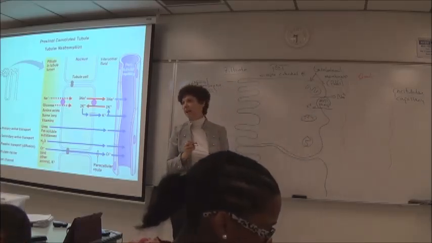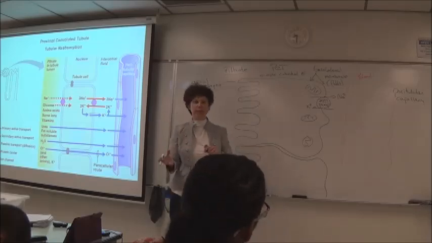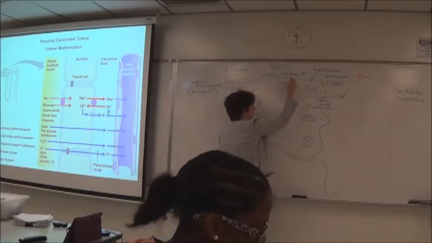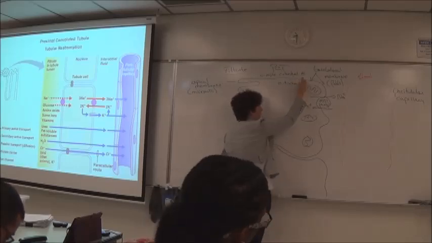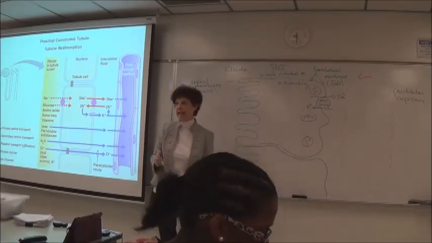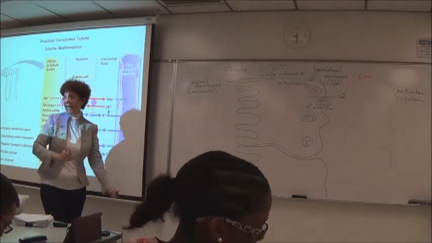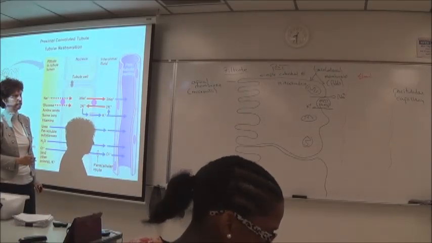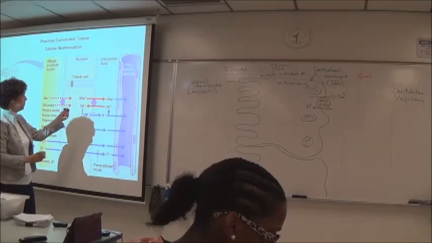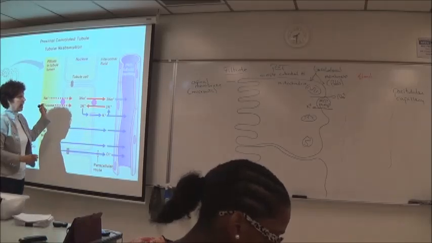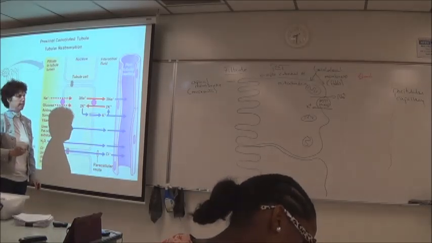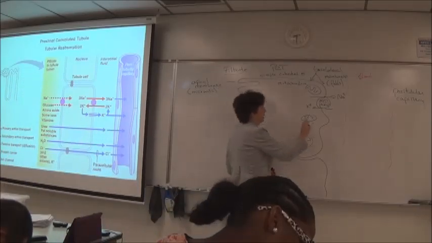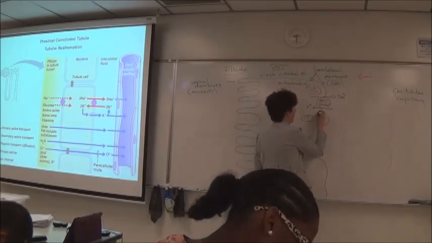It's packed with mitochondria. If you were to look at an electron micrograph view, you would see a lot of mitochondria at the basolateral membrane. This was actually a question in our Bio 430 test last semester because of all the ATP requirements for our pump. All right, so that's going to move sodium out, and the potassium leaks back out again through leaky channels. And then we pump it back in again.